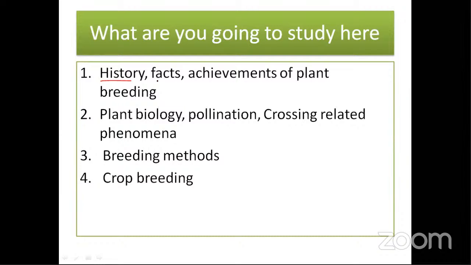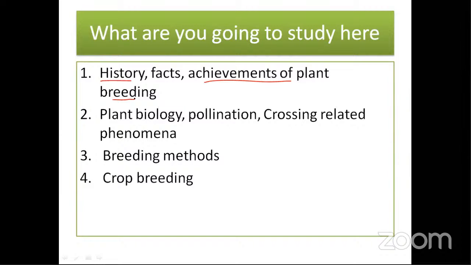So some factual things are there every time. Okay. Then there will be achievements in plant breeding, like which variety or which development has been done, or which breeding method has led to what improvement in society. So all those kinds of facts we are going to study. Okay. The next thing you are going to study regarding the breeding section is how you actually do the breeding.